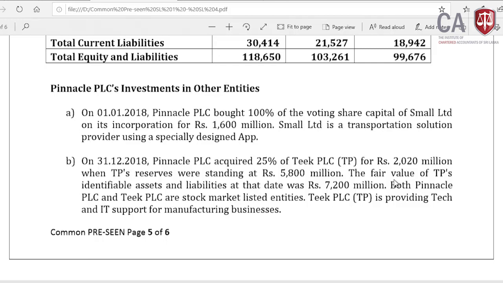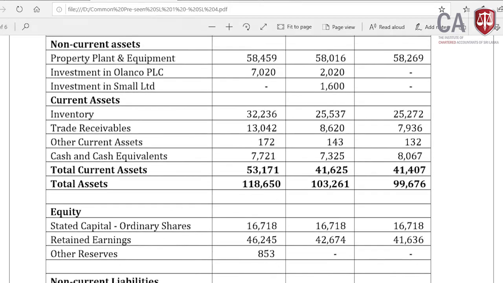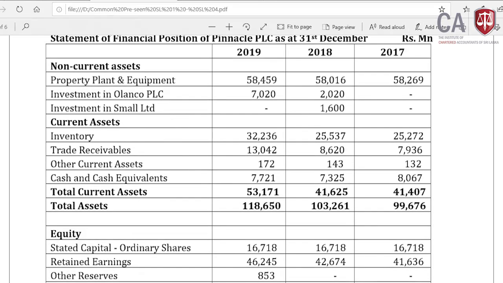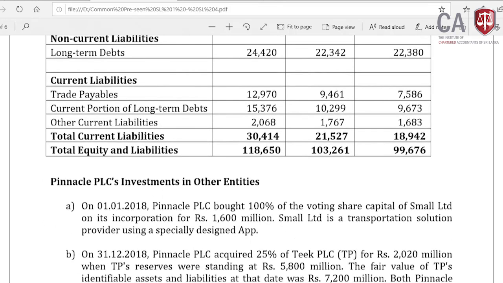On 31st December 2018, Pinnacle PLC acquired 25% of Teak PLC for 2,020 million when TP's reserve was standing at 5,800 million. I think you can find that information in the balance sheet, no? Yes, Small Limited, you can find that.